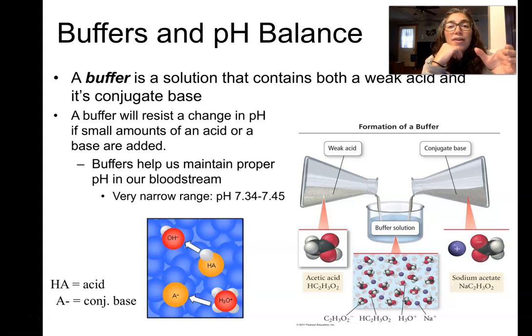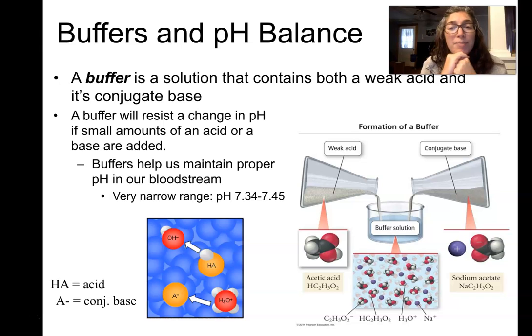So pure water can undergo very extreme pH changes just by adding a little bit of acid. Whereas if you had a buffered solution that had a pH of 7 and you add a drop of acid, the pH doesn't change, or it might change to 6.95. It'll change very little. You have to add a lot of acid for it to actually go down to 2.